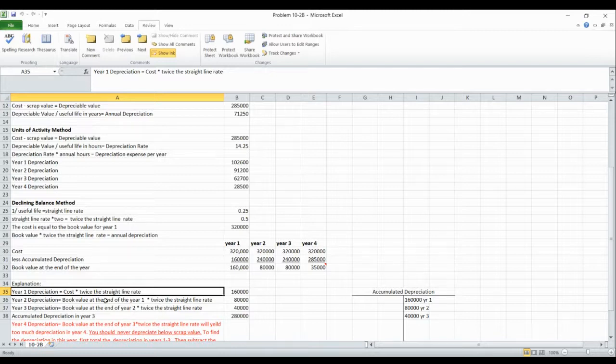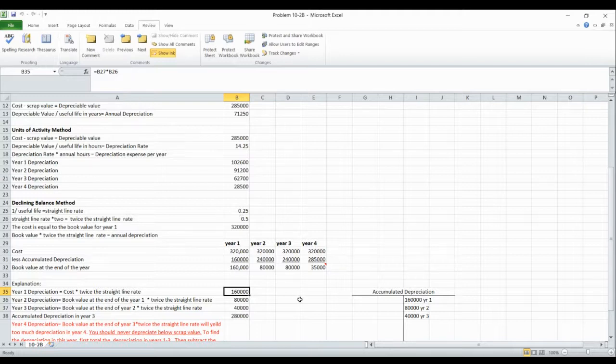We're going to take the cost and we're simply going to multiply it by twice the straight line rate, which was 50%. So 320,000 times 50% will give you 160,000.